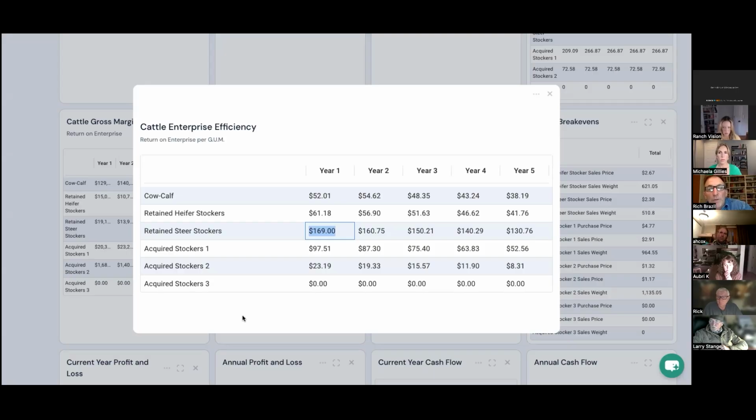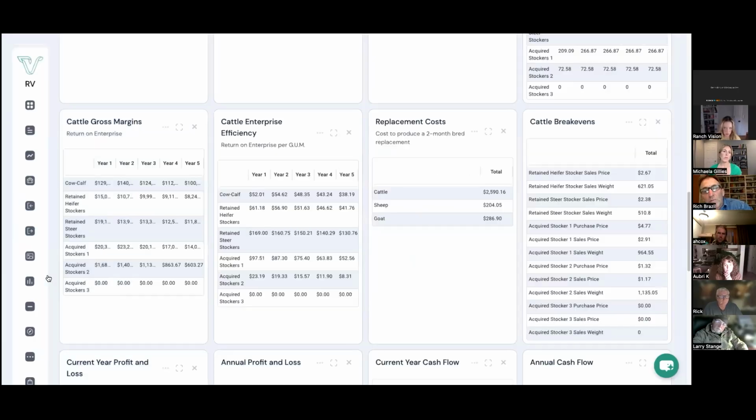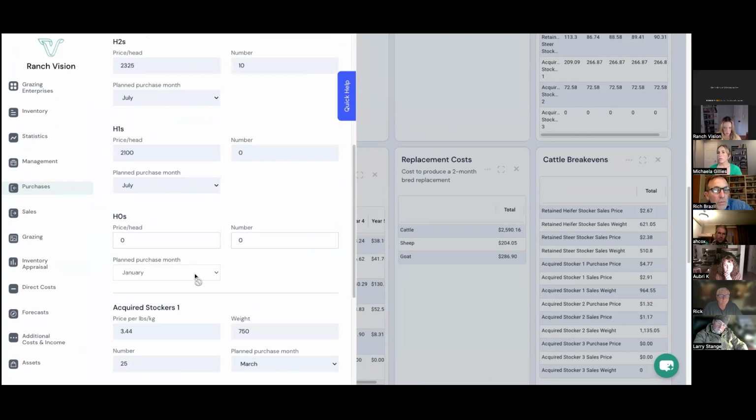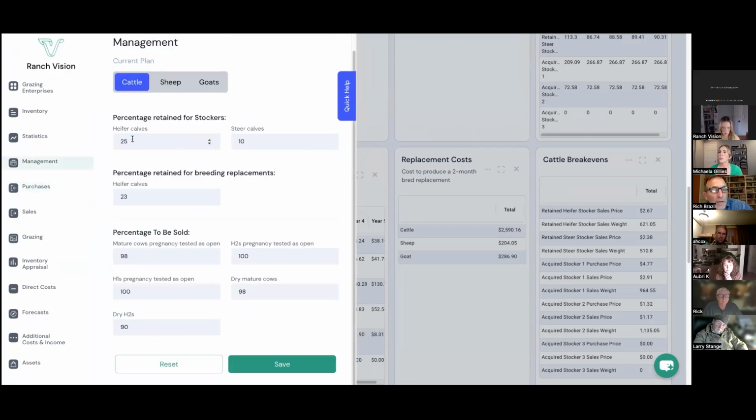So it would be ideal to increase these. Let's look at what we're doing right now, and under management, right now we're keeping 10%. What if we kept 100%? See how much grass it's going to use. So just go up to 100%.